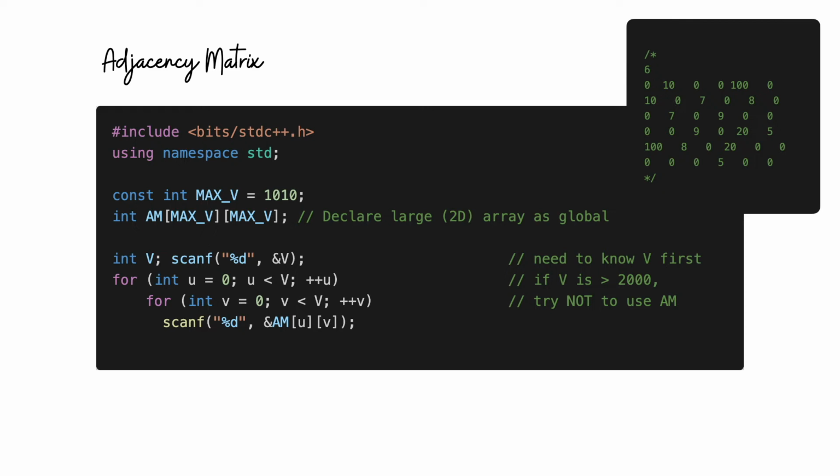It's also going to be equally simple, in fact in some ways even simpler, because all you have to do is run one for loop that traverses the list of edges, and let's say you have taken values u and v from the current line. You just have to make sure that AM[u][v] is set to 1.